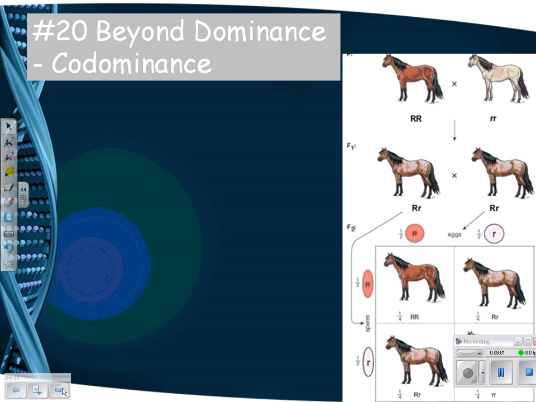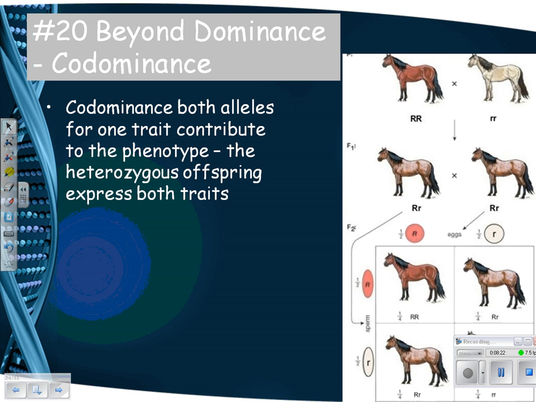So beyond dominance, we talked about incomplete dominance. This is called codominance. Now, when you have a co-captain, they share power, okay? So neither one of them is dominant to the other, in this case the two alleles. So codominance: both alleles for one trait contribute to the phenotype. The heterozygous offspring expresses both traits.